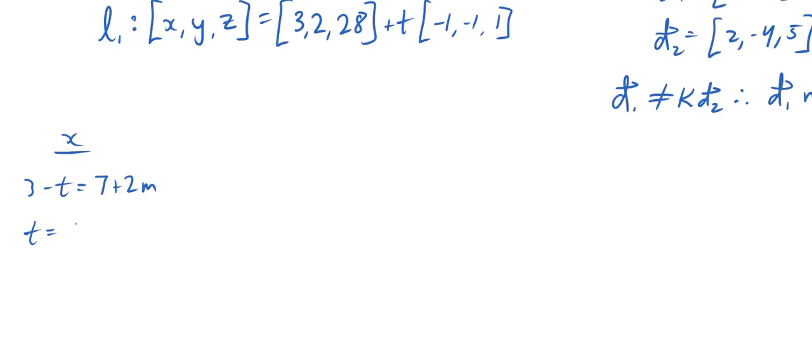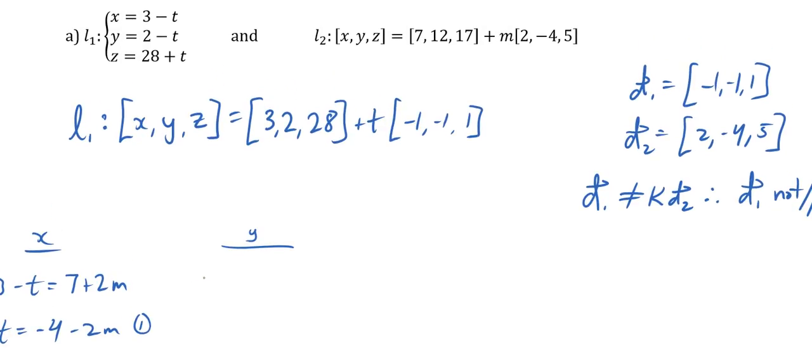If it's not easy to solve for t, you may or may not do this step, but in this case it can. So it works out to negative 4 minus 2m. And I'm going to call that equation 1. Negative 10 plus 4m.